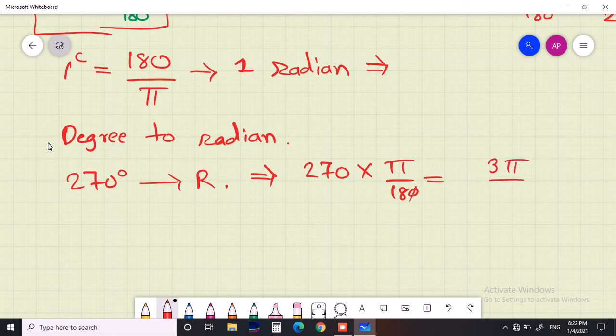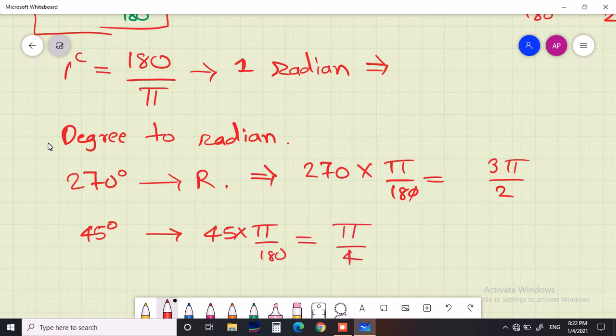Again one example, 45 degree. I multiply 45 with pi by 180. So 45 pi by 180 is pi by 4 radian. So 45 degree is equal to pi by 4 radian and 270 degree is 3 pi by 2.